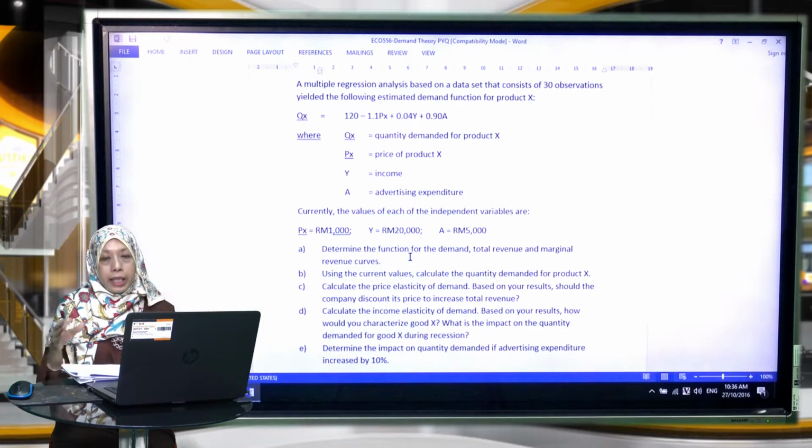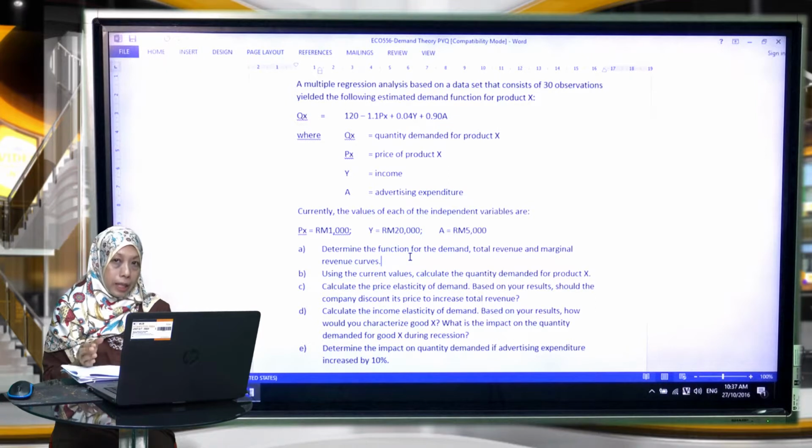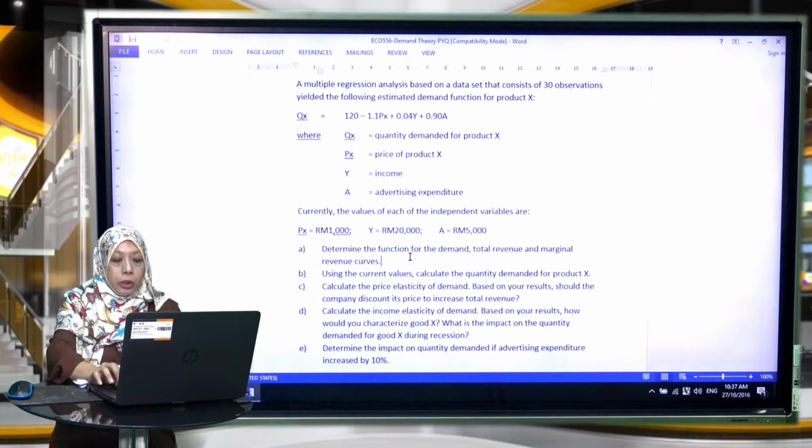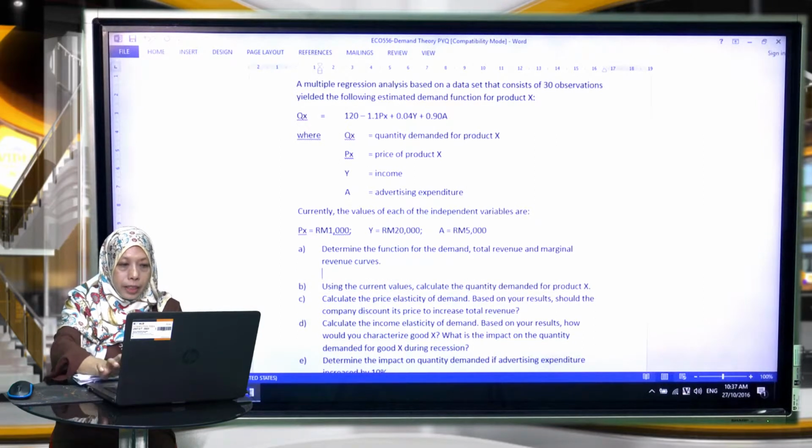Remember that given a long demand function, you can shorten it up to a demand curve function, followed by a price function, total revenue function, and marginal revenue function. So we're going to try and derive those functions.